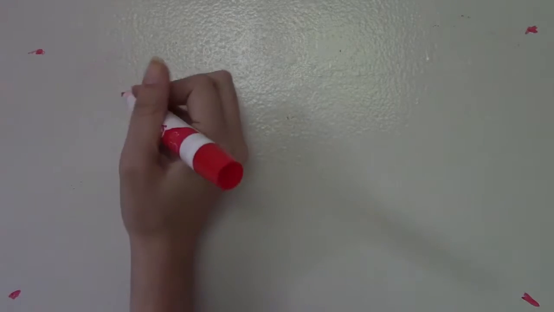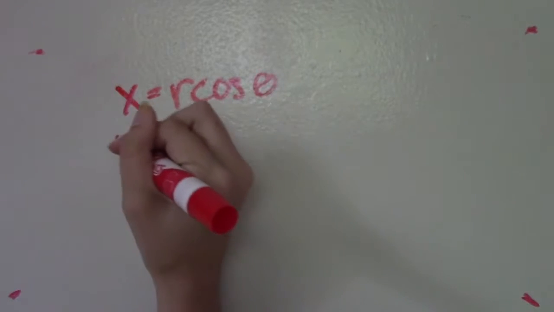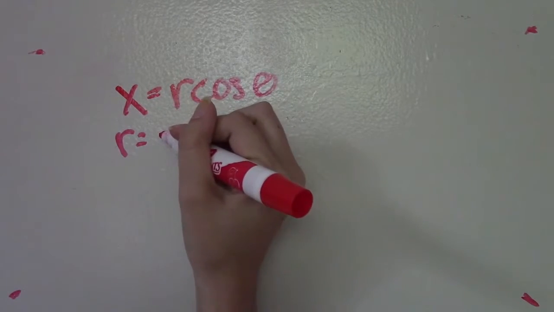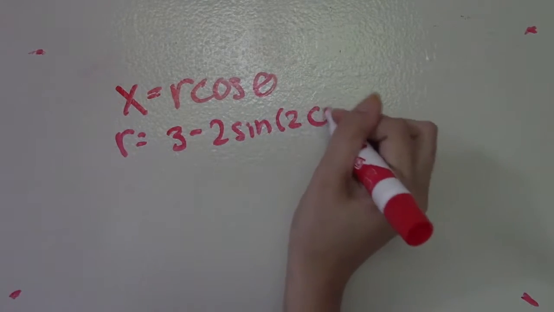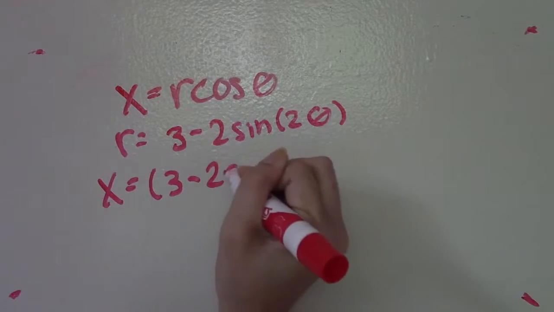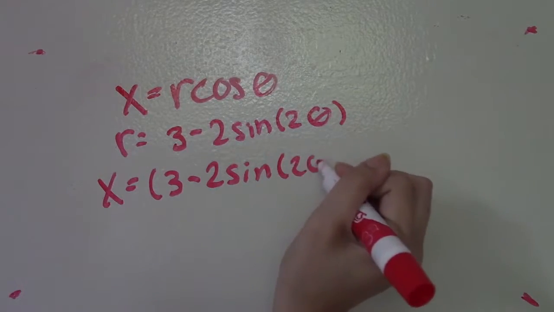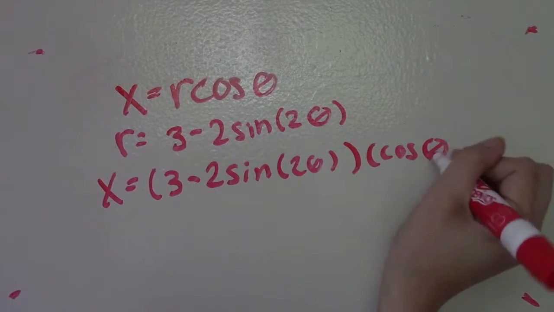Part B says, for the curve r equals 3 minus 2 sine 2 theta, find the value of dx d theta at theta equals pi over 6. What we're going to do now, since we know that x equals r cosine theta and our r is equal to 3 minus 2 sine 2 theta, our x is going to be 3 minus 2 sine 2 theta times cosine theta.